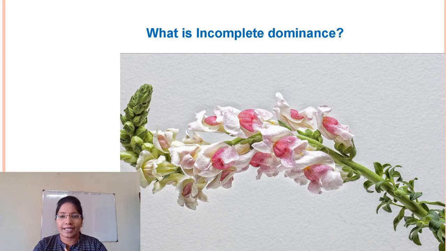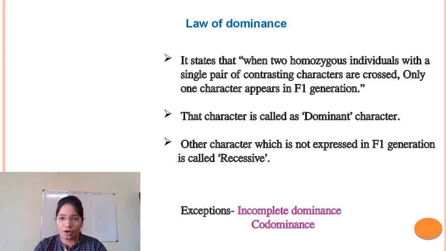Before we emphasize incomplete dominance, let's revise the law of dominance. According to Mendel, the law of dominance states that when two homozygous individuals are crossed together, only one character appears in the F1 generation, and that character is called the dominant character, and the other character which is not expressed is called the recessive character.